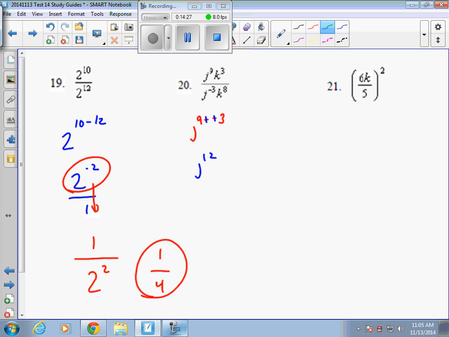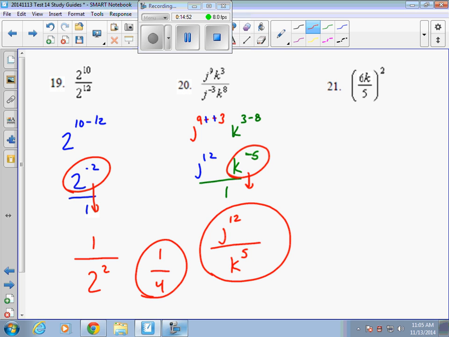And then k is k to the 3 minus 8. You subtract 3 and 8. And that gives you k to the negative fifth. Remember, you can't leave a negative exponent. Everything's over 1. The only thing that's being raised to a negative value is k. So this is going to ride the elevator down. J stays at the top to the 12th over k goes down to the positive fifth. It goes from negative to positive.